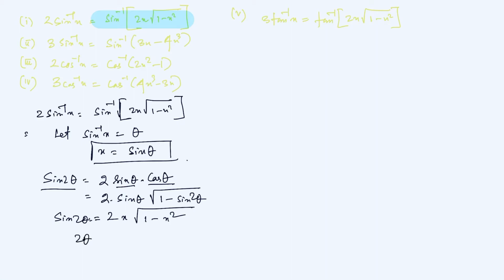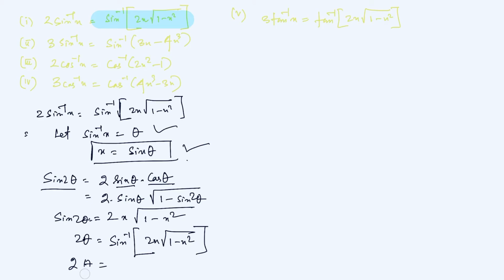So 2 theta is equal to sine inverse of 2x under square root 1 minus x square. Now we know that theta is equal to sine inverse of x.